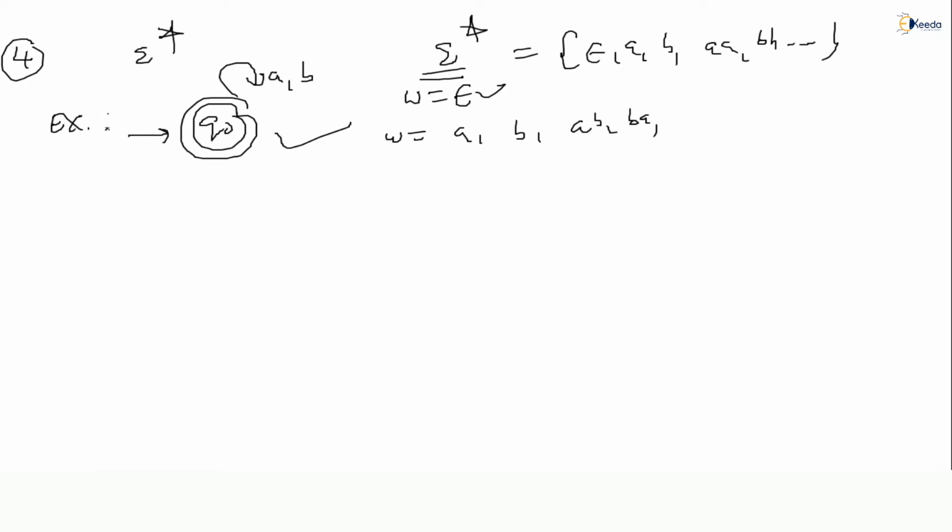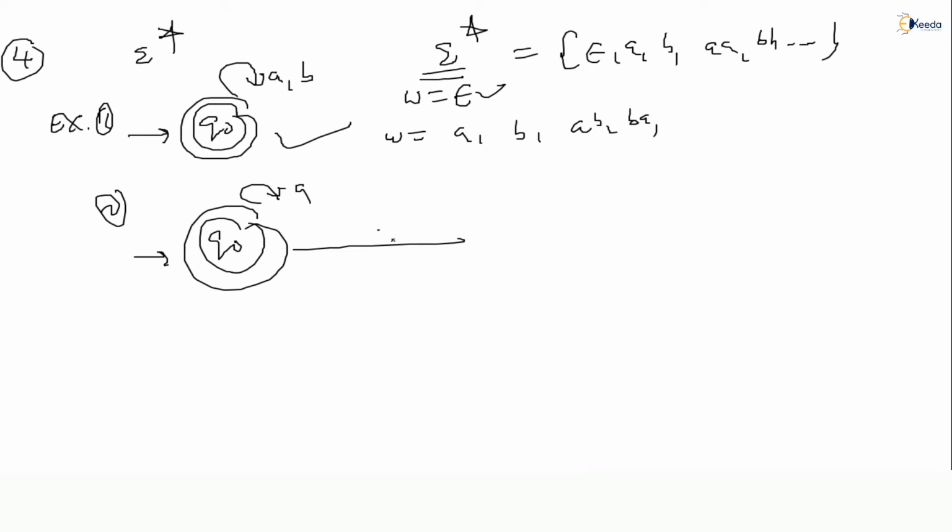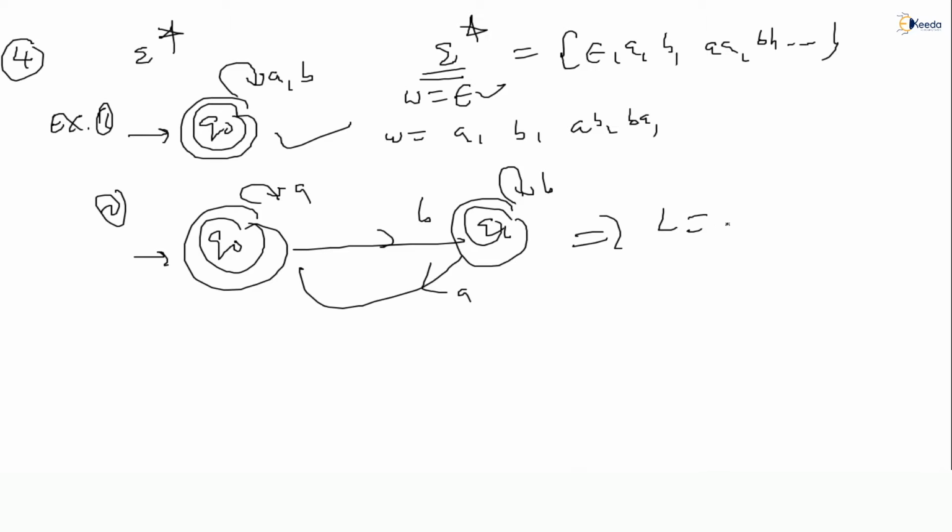Suppose second example, if I take, Q0 on A Q0, Q0 on B Q1, Q1 on B Q1 only, then Q1 on A Q0 is there. So this will also accept what? Sigma star or not? Universal language only. Epsilon will accept, A will accept, AB will accept, all strings are accepted or not? Yes, this way you understand.